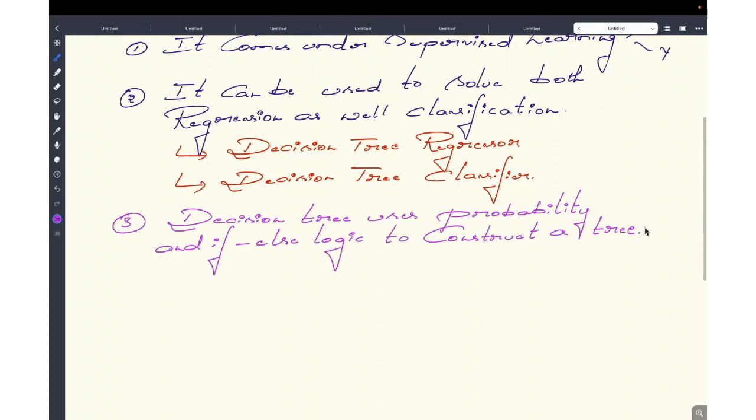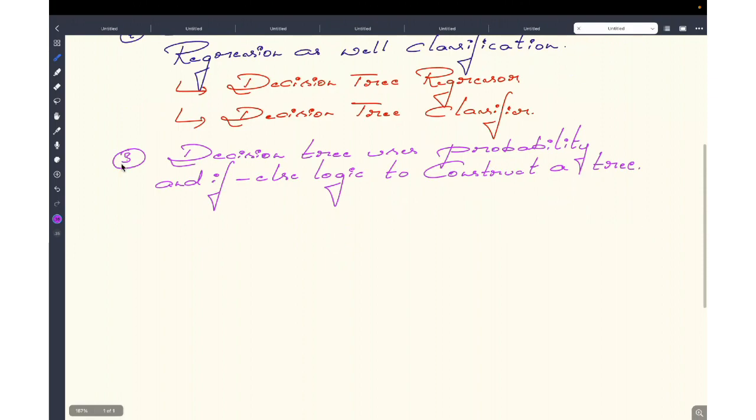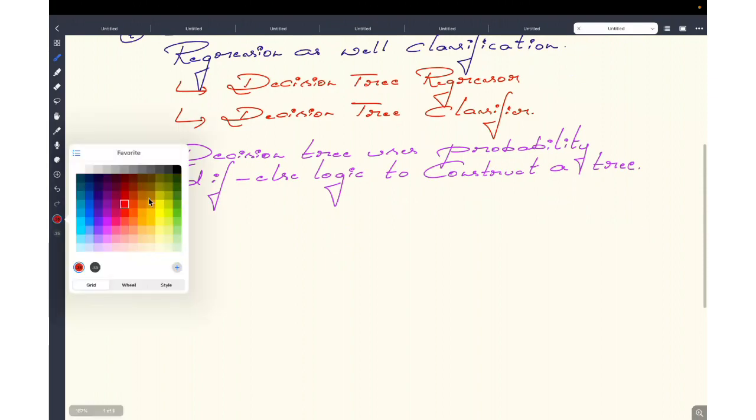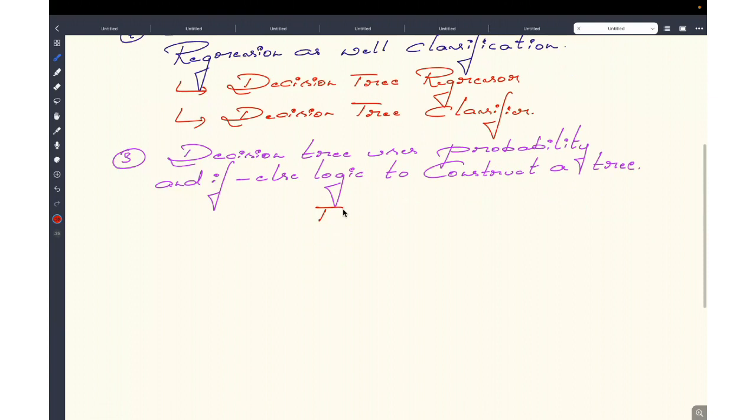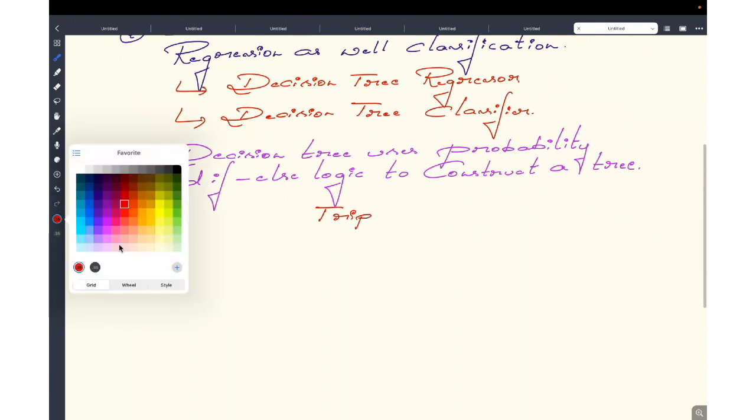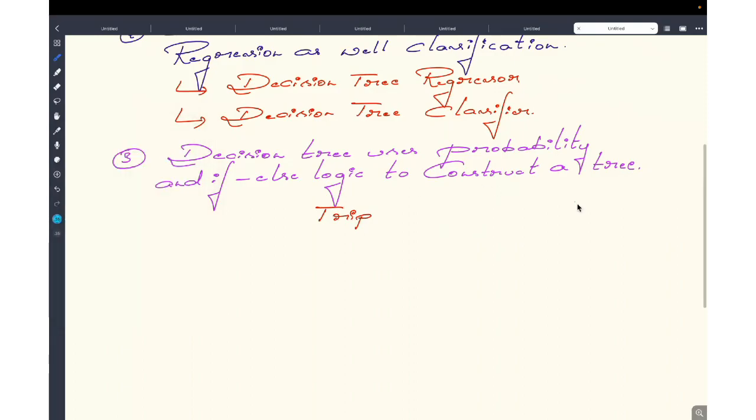Okay, so how does it use decision making, or how will if else logic be used? Let's say, for example, you are planning for a trip. Simple example. So there are 10 friends, and all 10 friends are basically planning for a trip. When you start a discussion like, are you interested, would you like to come on a trip?